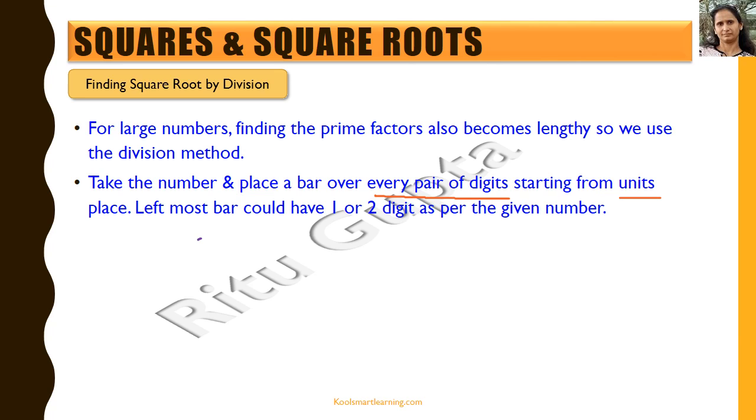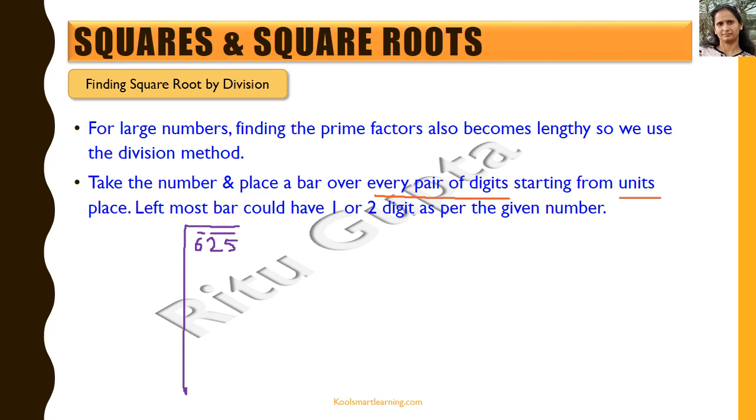Now let's take the number 625, and we place the bars over every pair of digits starting from the right. So on 25 we place one bar, and the leftmost bar only has one digit in this case.